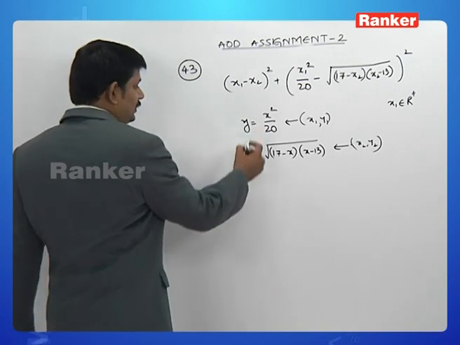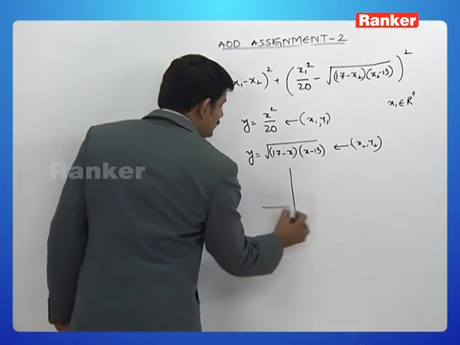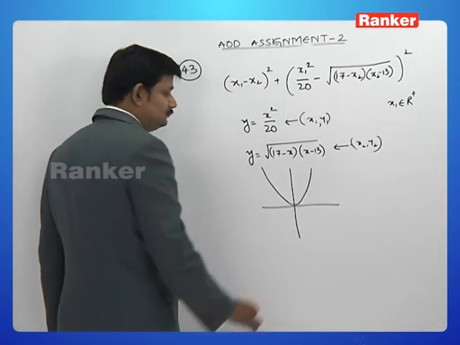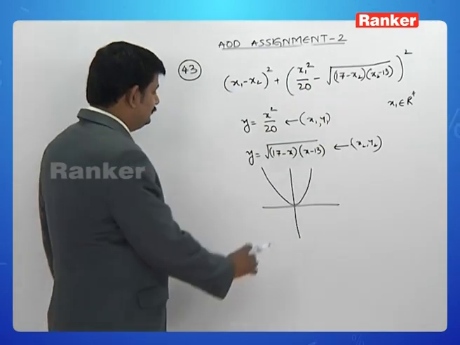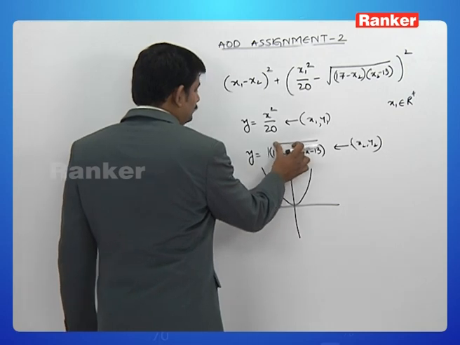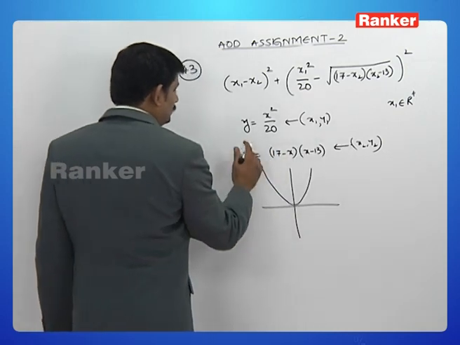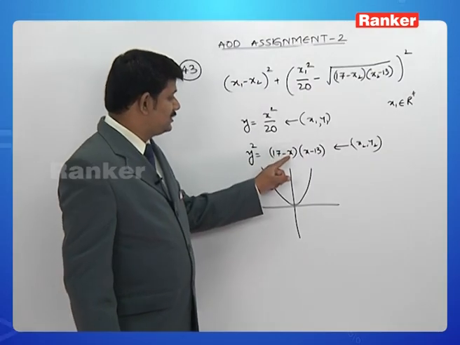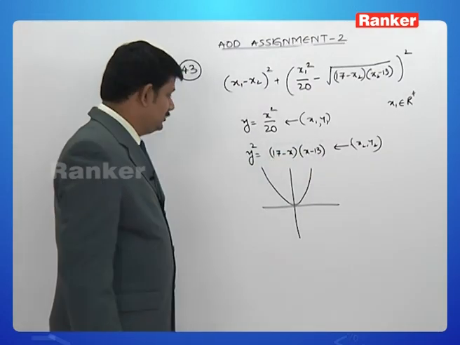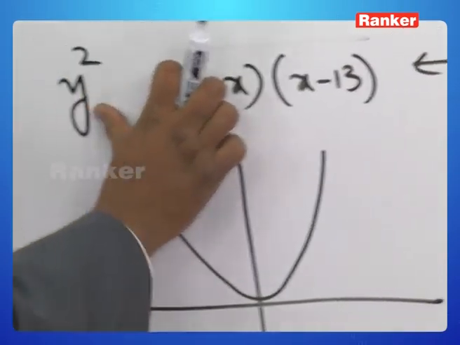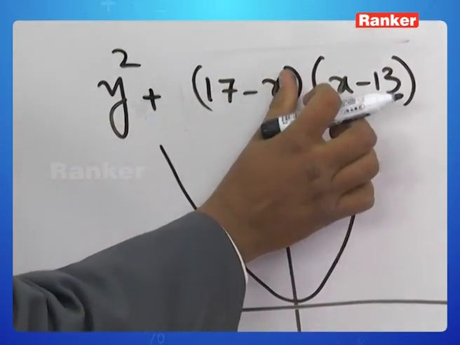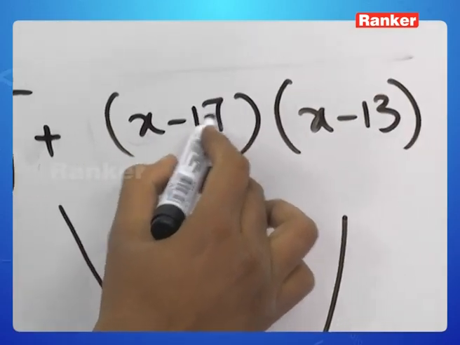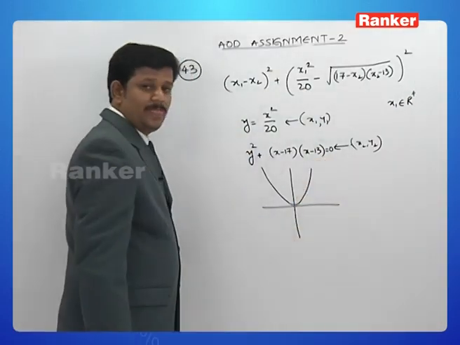Now the first curve, we understand it is a parabola, y is equal to x square by 20. Second curve, square it, y square is equal to 17 minus x into x minus 13, or y square plus x minus 17 into x minus 13 is equal to 0.